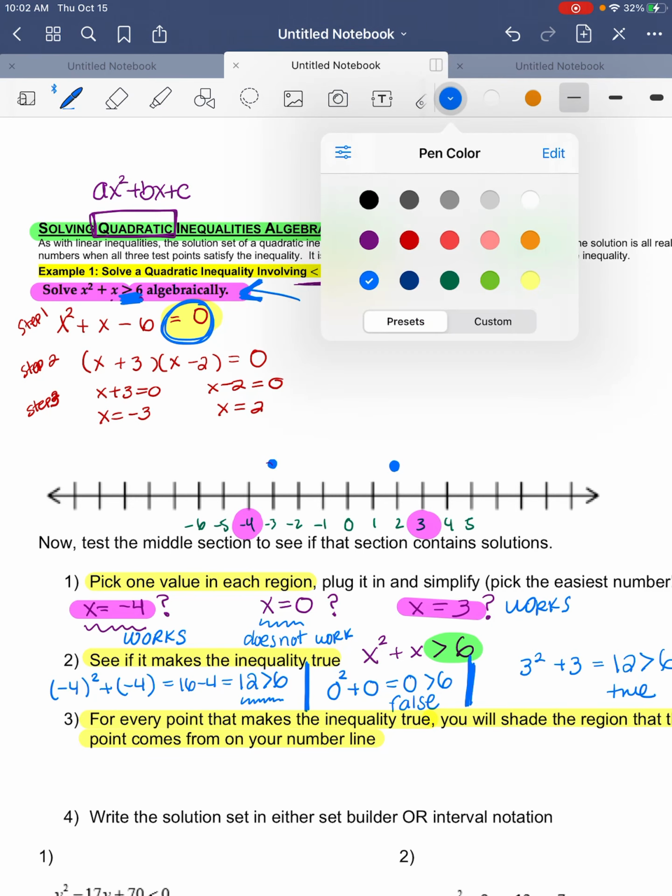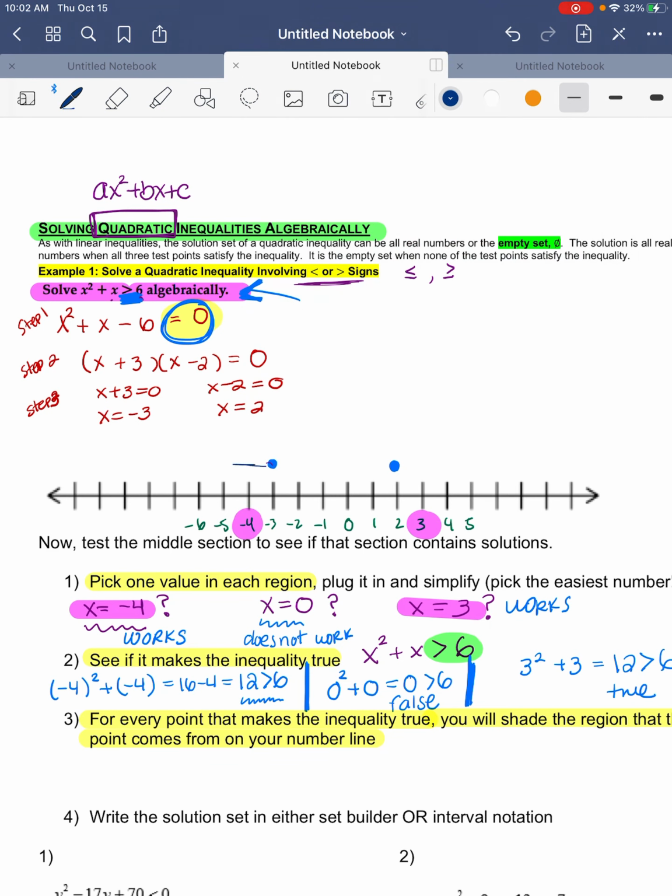So I am going to shade all this region right here. All this region going to the left actually, because I obviously cannot go over all the values, but going to the left, all this region works. Why? Because the -4, when I plug it in the inequality, it gave me something true.